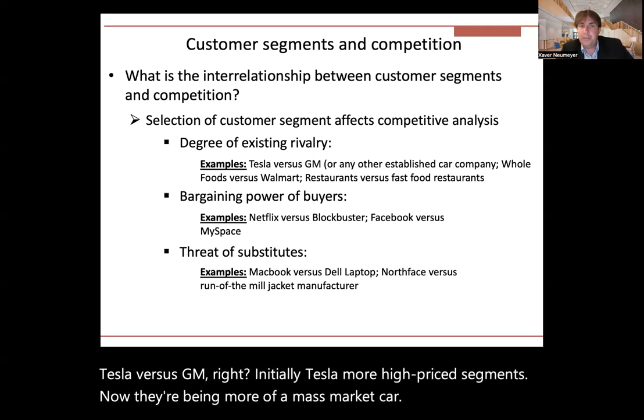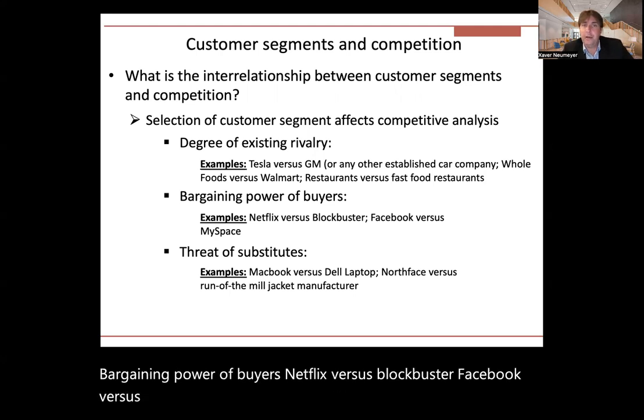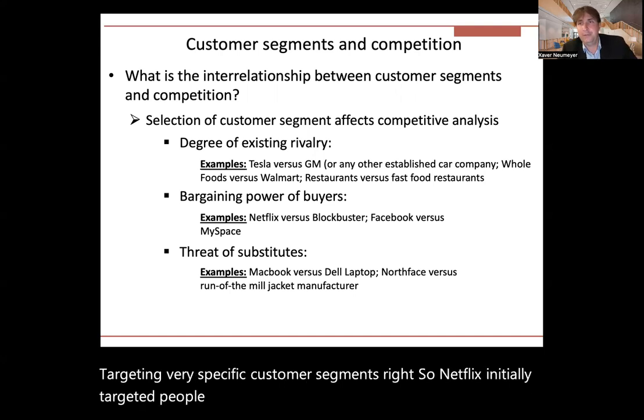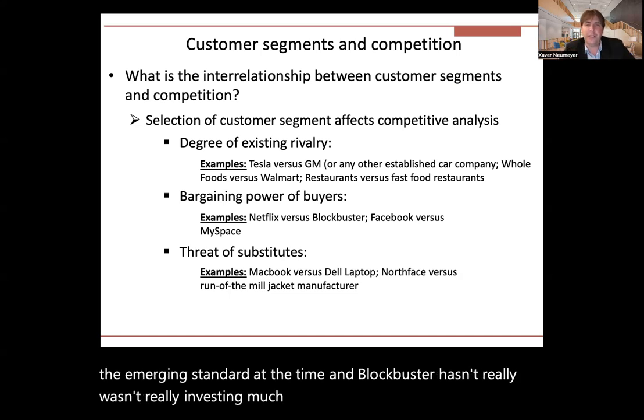Bargaining power of buyers, Netflix versus Blockbuster, Facebook versus MySpace. They are targeting very specific customer segments, right? So Netflix initially targeted people who are DVD enthusiasts, right? So DVD was kind of the emerging standard at the time, and Blockbuster wasn't really investing much in DVD because VHS tapes were still the standard.